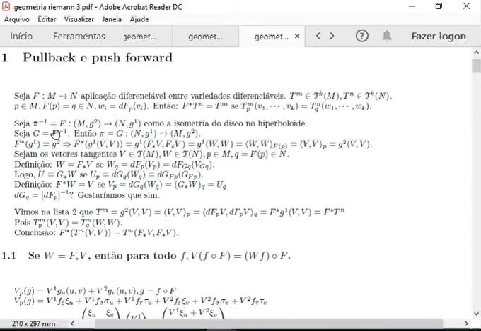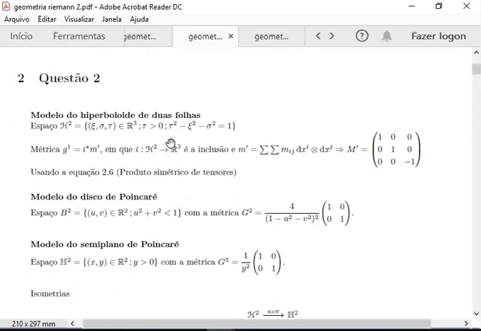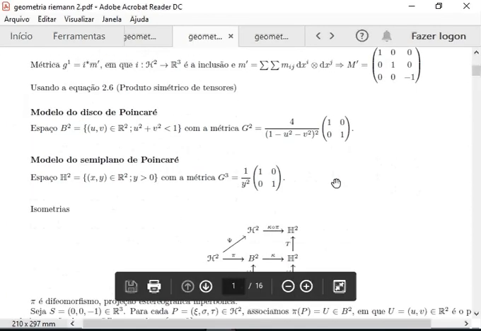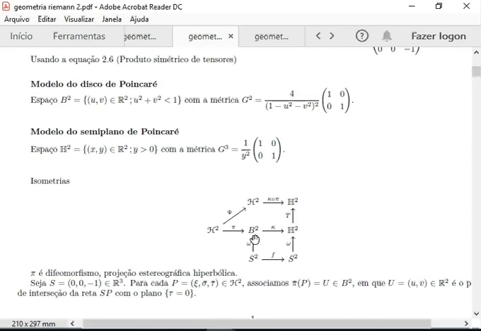P inverted is equal to f from (M, g2) to (N, g1), as one isometry of the disk to the hyperboloid. So let's turn back. P is from the hyperboloid to the ball.